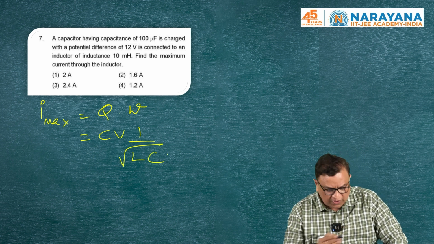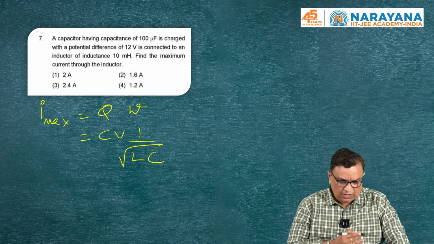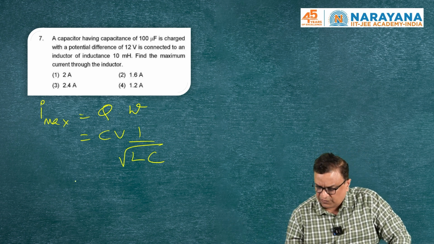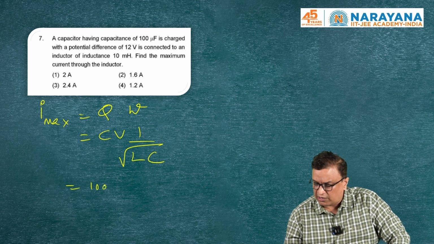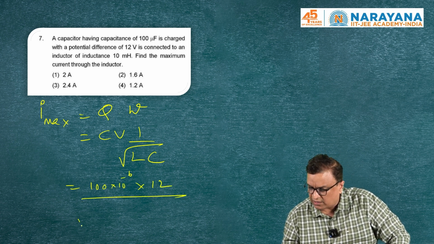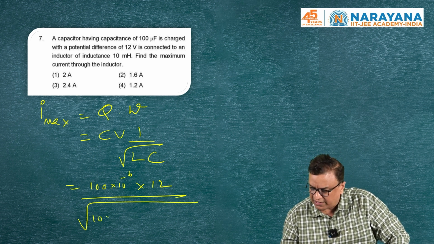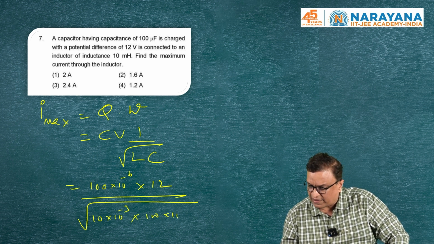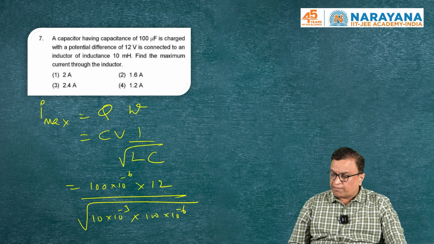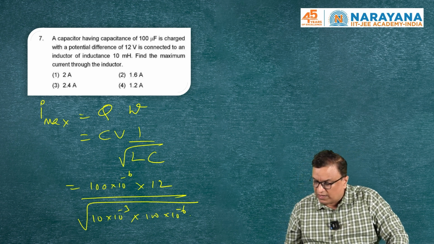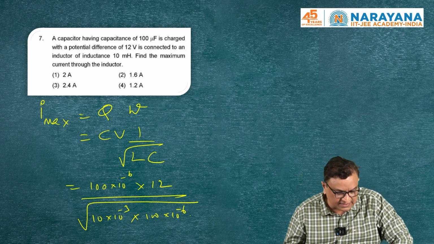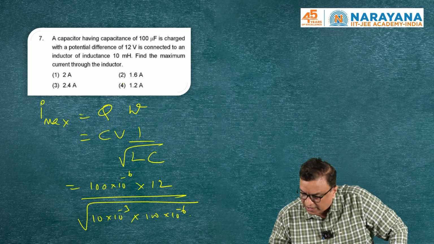So they have given very comfortable numbers. There is no confusion at all in that. So C 100 into 10 power minus 6, V 12 divided by under root L. What does L stand for here? 10 into 10 power minus 3, and again C 100 into 10 power minus 6. Trust me, by solving which you will get the answer as nearly 1.2.